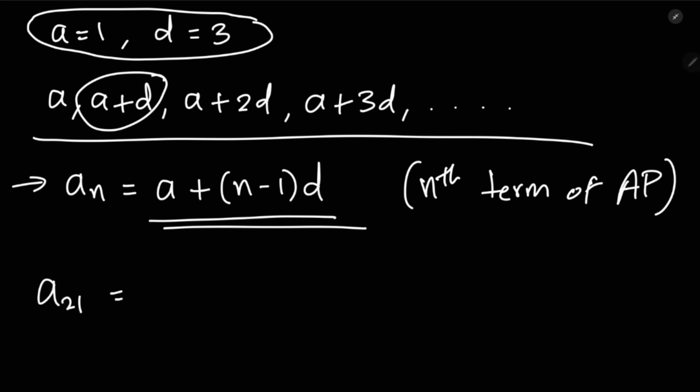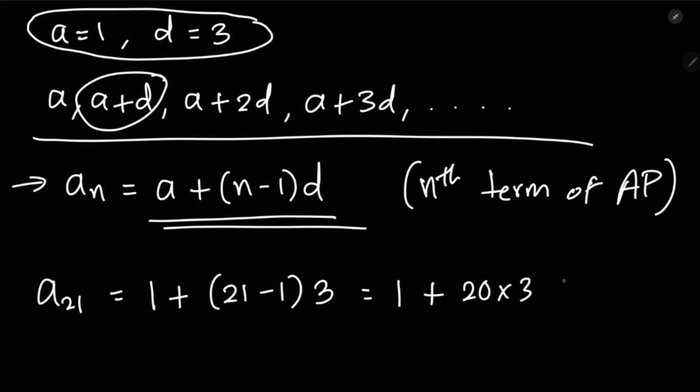So here A is 1, so 1 plus n is 21, so 21 minus 1, and D is 3. So this will give me 1 plus 20 into 3. So that will be 1 plus 60, and this will be 61.